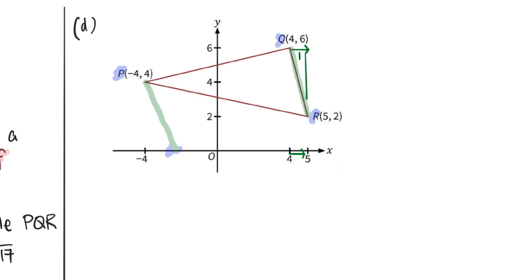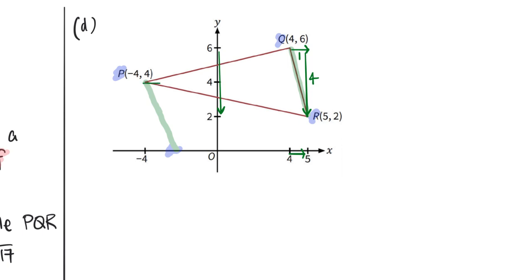And then to go down to point R, it actually moved from 6 to 2, 4 units down. And that is exactly how we are going to make sure we get the S using this.